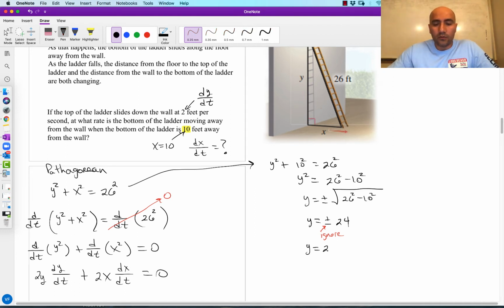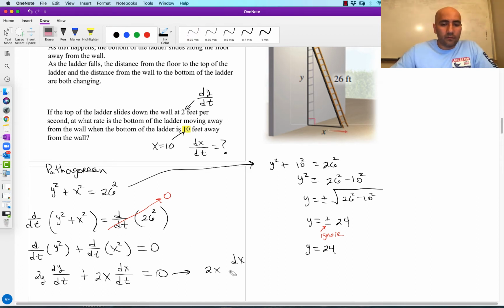Okay, so now going back to this formula here, this is what I want to know. I want to know the dx dt. So I'm going to subtract 2y times dy dt from both sides of the equal sign. And I'm going to get that 2x times dx. You know what?